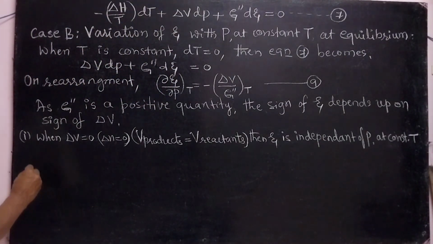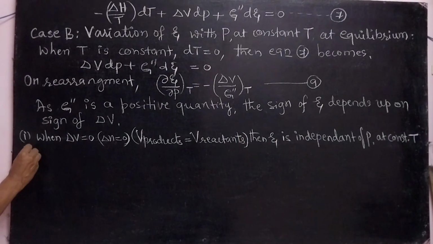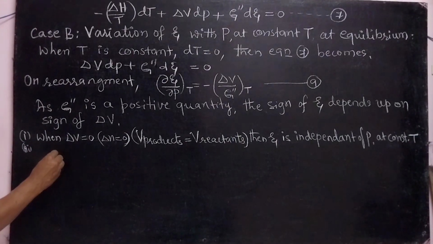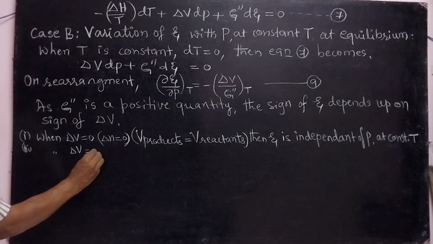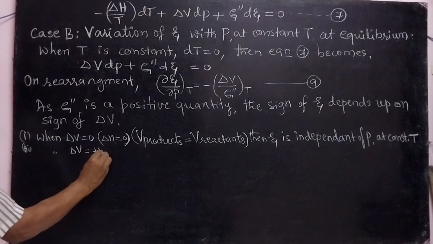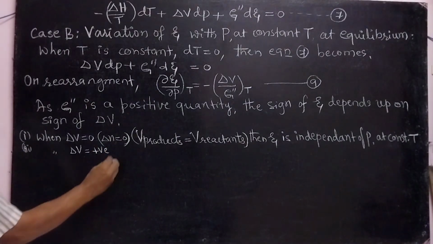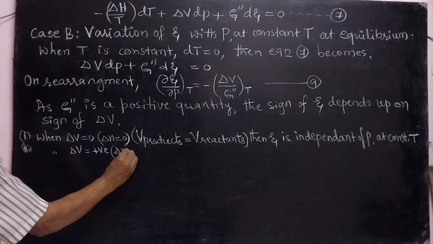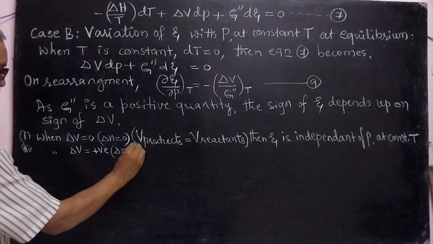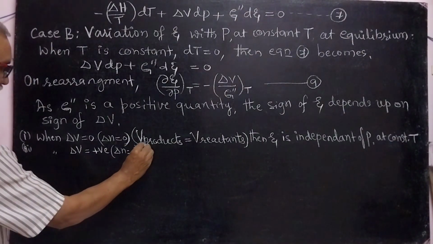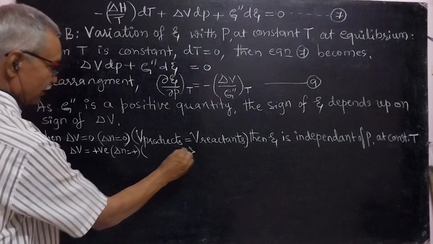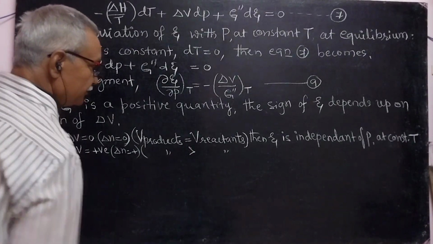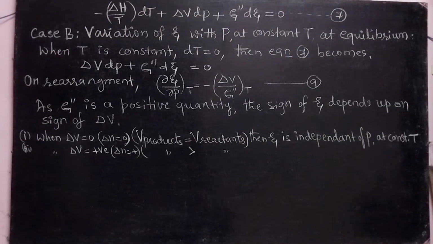Then second one, when ΔV is positive, Δn is also positive, then volume of products is greater than reactants.